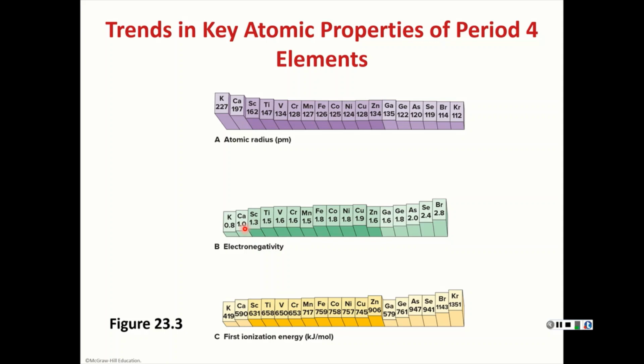Electronegativity, same thing. You're increasing, but then you reach more of a constant level. And finally, first ionization energy is relatively constant, but slightly going up in general, although there are slight steps down throughout.